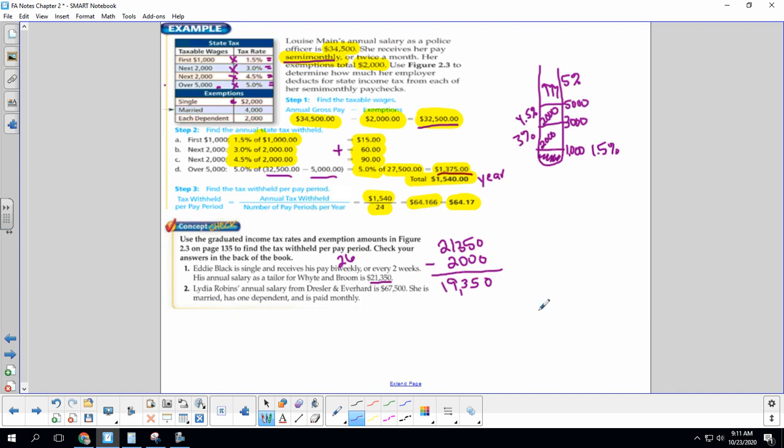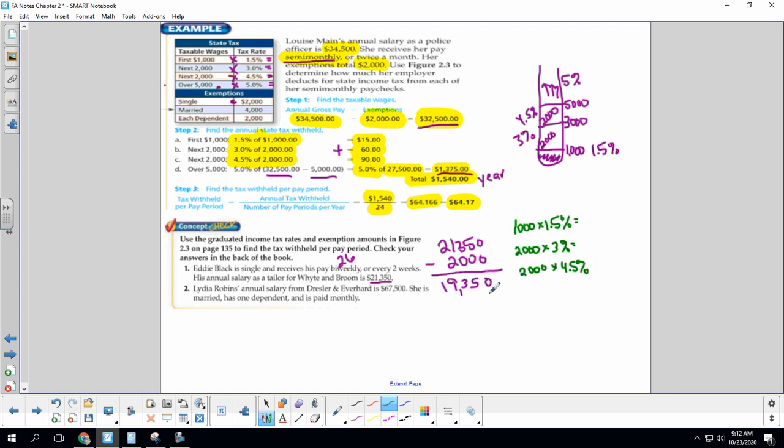Now we're going to rock the table. The first $1,000 of that, he gets 1.5%. The next $2,000 of that is 3%. The next 2,000 of that is 4.5%.